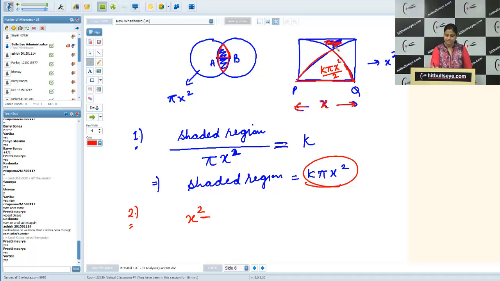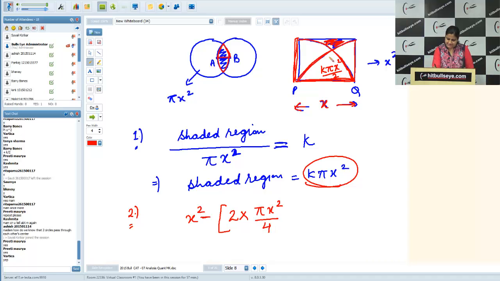We need the shaded region only, so we have to subtract the remaining area. If we subtract the remaining area, it will be a complete quadrant 2 times. We'll subtract these 2 quadrants, and the quadrant area is what? Twice of, because there are 2 quadrants, twice of pi x square by 4. Are you getting me?